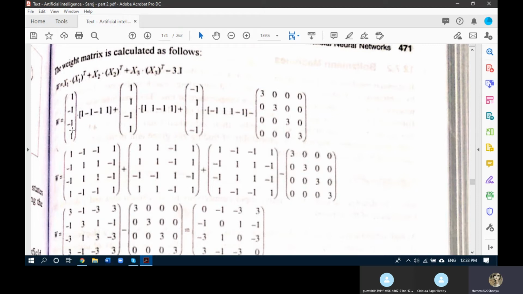This single column turns out to be a single row with 4 columns. The size of this is 4 by 1 and the size of this is 1 by 4, plus x2 plus x3, minus this. How many are there? 3. There are 3 input samples, and this is a matrix.